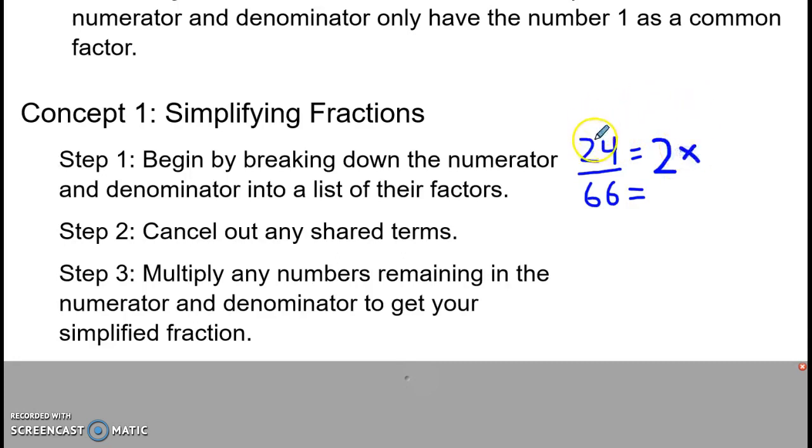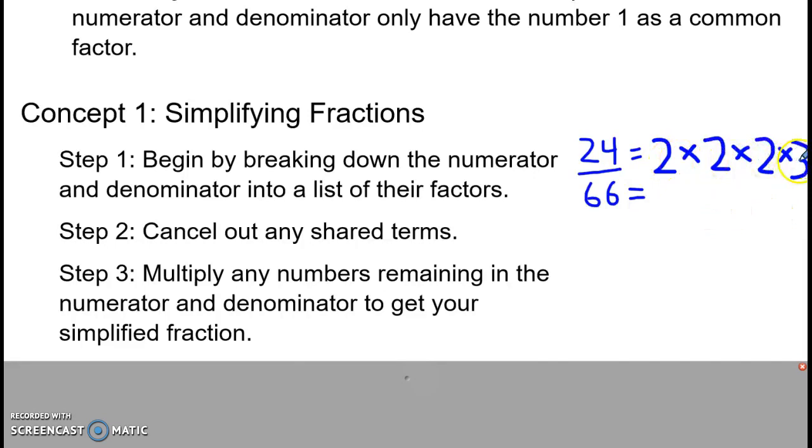So 12 is divisible by 2, so I pull out another 2. 12 divided by 2 is 6. It's still even, so I know there's another 2 in there. So 6 divided by 2 is going to be 3, because 2 times 3 is 6.